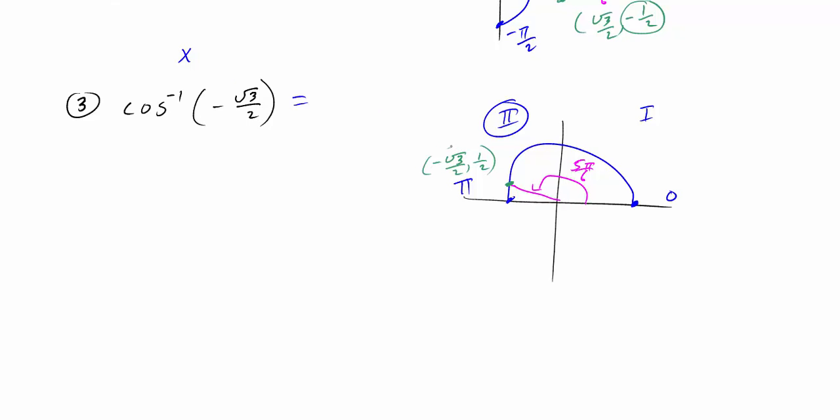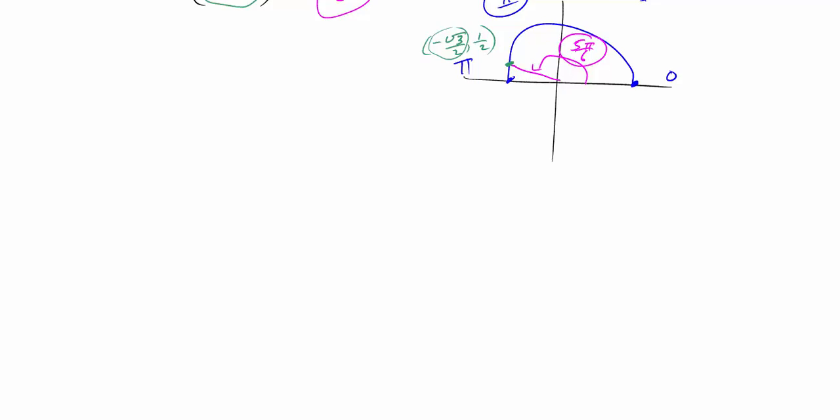So once again, here's our x value of a negative square root of 3 over 2, and our angle at that point is 5 pi over 6. All right, so there's an example of the inverse cosine.